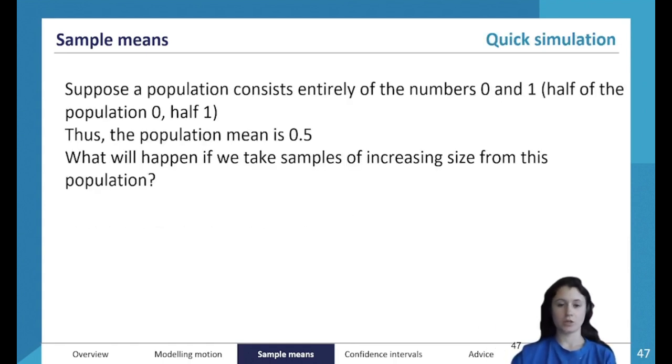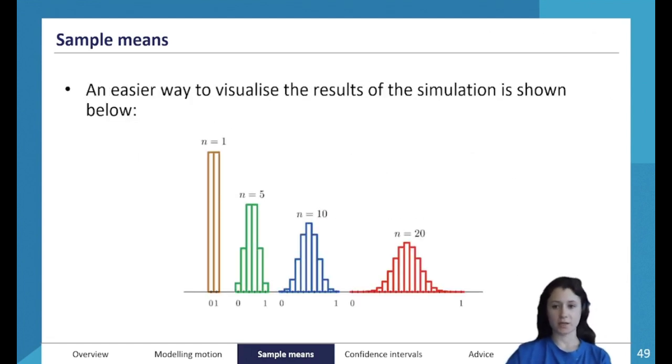Alright, so just as a quick simulation, I'll leave this for you guys to have a look at in the slides. It is interesting, just to understand how experiments approach a normal distribution.